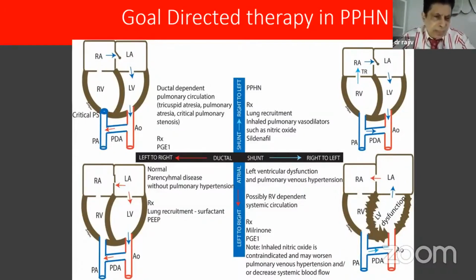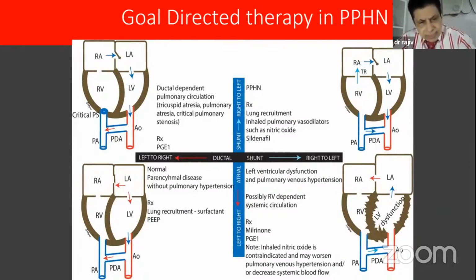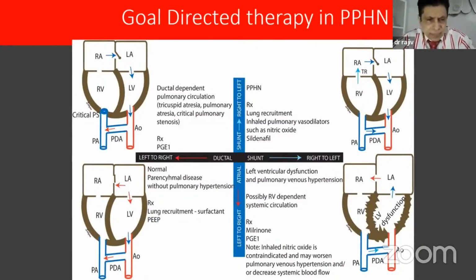Maybe less than 10% of the time we see a complicated ventricular physiology, like left ventricular dysfunction in CDH or some other situations where the ventricle is under enormous strain. This is probably a situation where we may have to consider Milrinone.